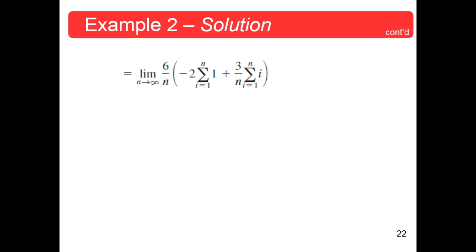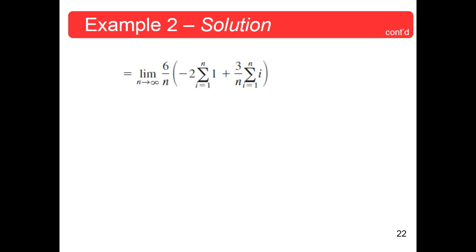Now, from our rules, the limit is equal to 6 over n. That's there. This is going to be minus 2 times n, right? Well, the summation of 1, i equals 1 to n, that'll be n plus n plus n plus n. It's n times 1, so it's n.